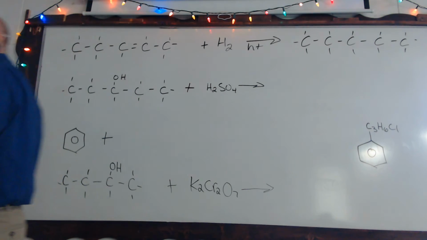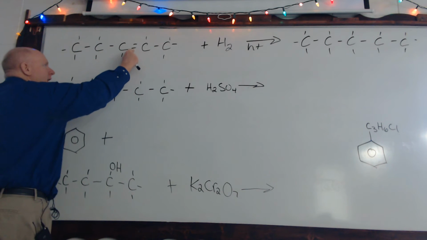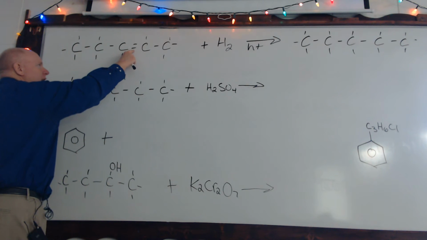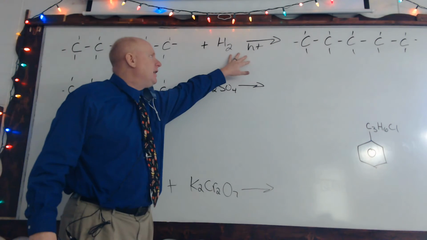Now what do we got? Pentane, okay? So alkenes can be changed to alkanes, providing you have a catalyst. And the reason is, remember, that bond is really, really unstable. But this is an exception to that rule. It has to have a catalyst.